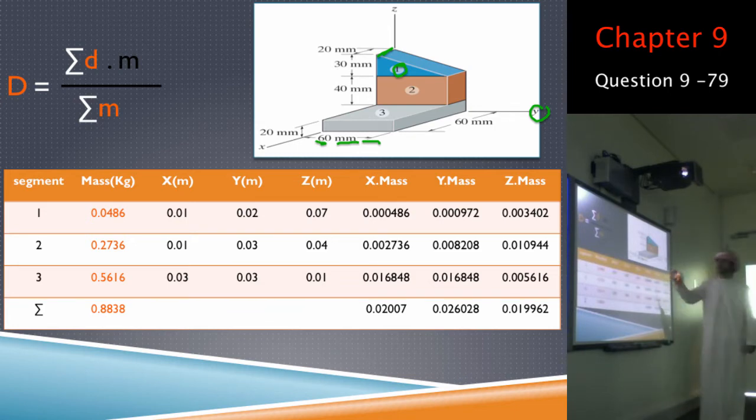We will get 20 millimeters, converted to meters, 0.02. And for the z-axis, it's the same, it's a triangle, so we multiply 30 millimeters by 1 over 3, and we get 10 millimeters, right?